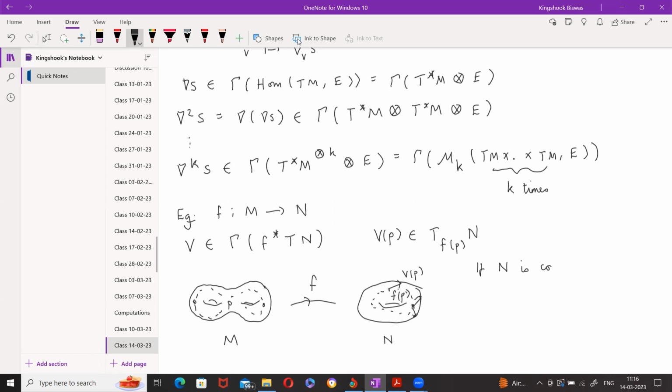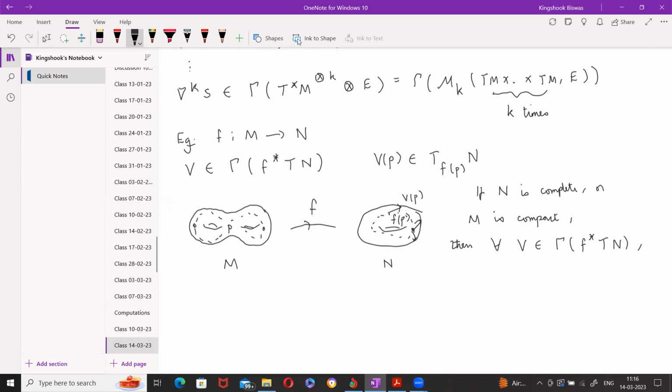If N is complete or M is compact, then by an argument similar to what we did in a previous lemma, for any vector field V along F, there exists a variation F_t.